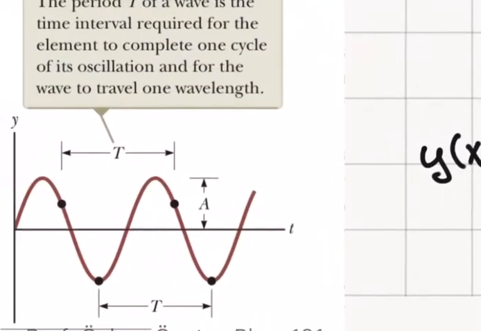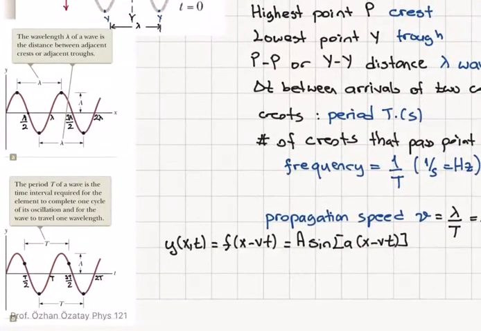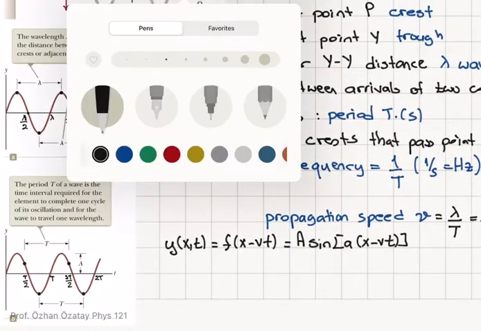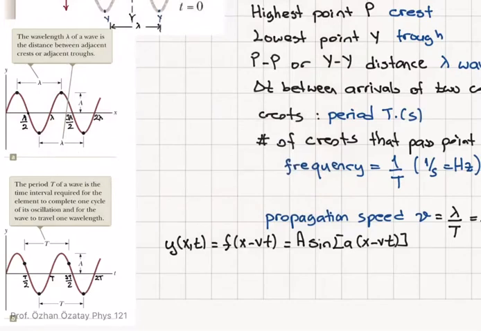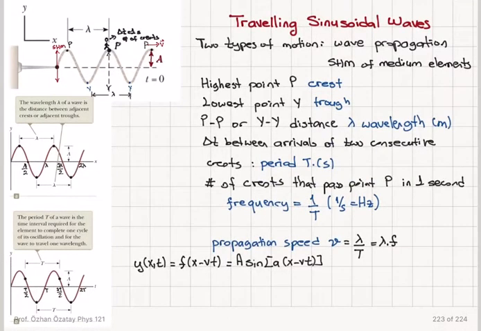And if I look at the wave function for a given point in space as a function of time, this is half a period, this is 1 period, this is 3T over 2, this is 2 periods.